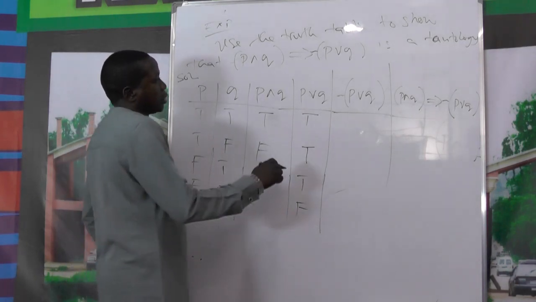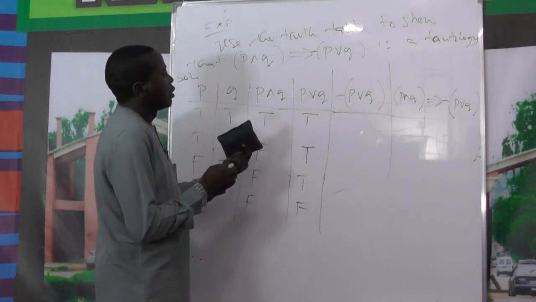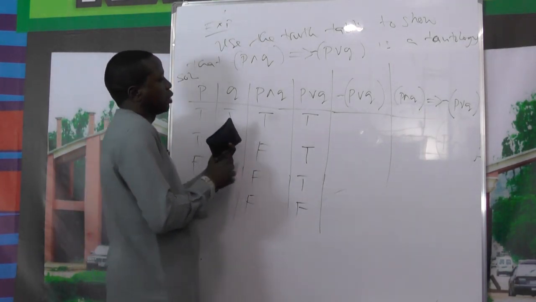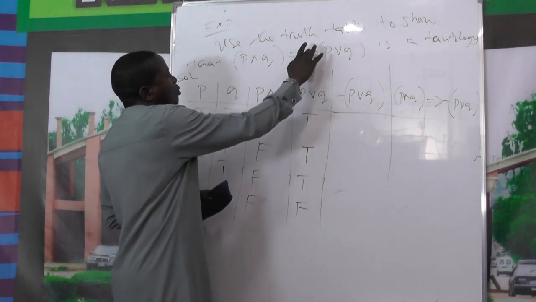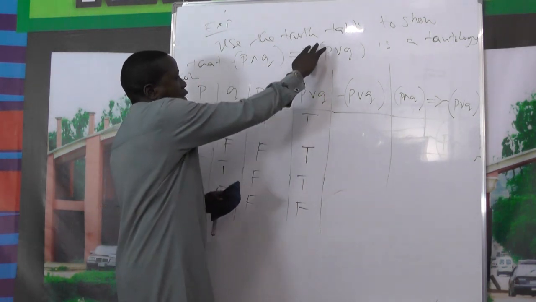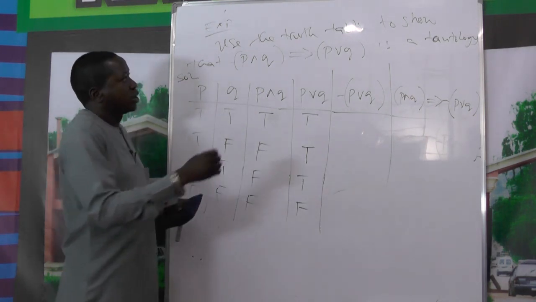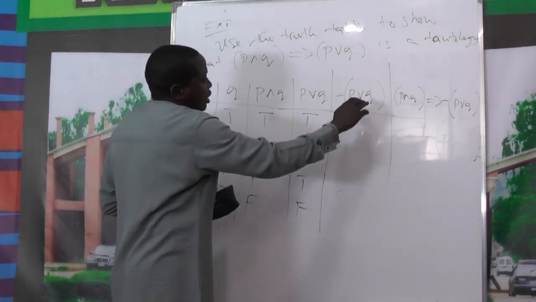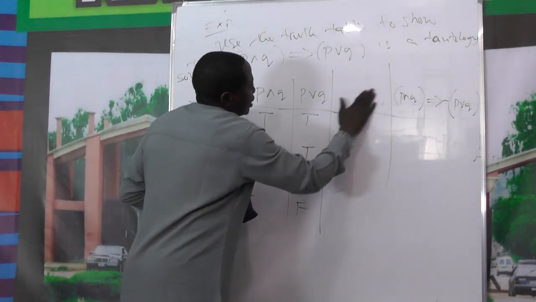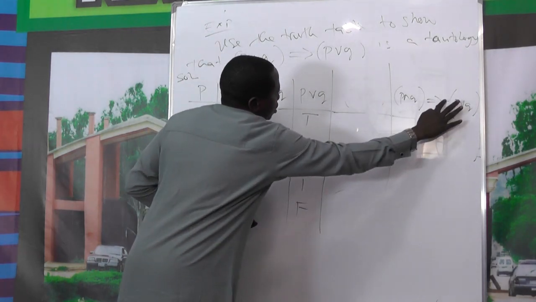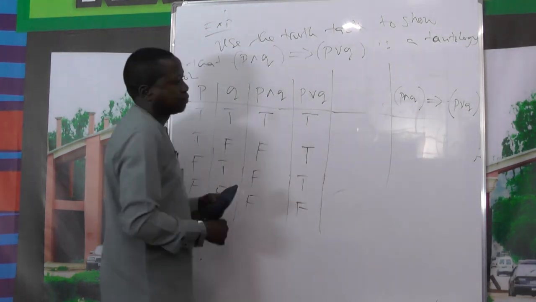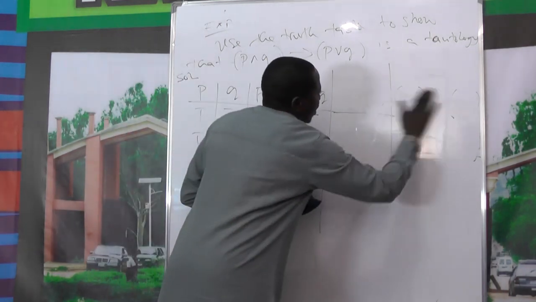Okay, so please, let's remove this negation. As you can see from the question, there's no negation there. So let's remove this negation. It means this place will not be there.